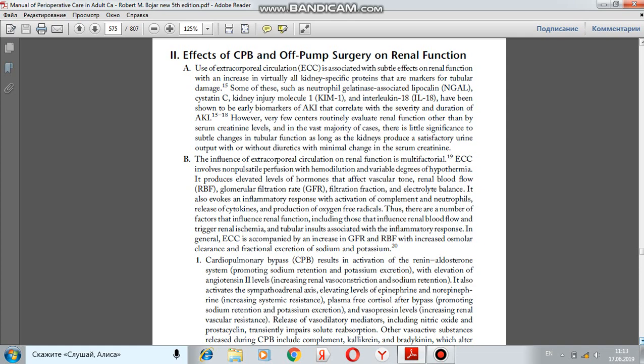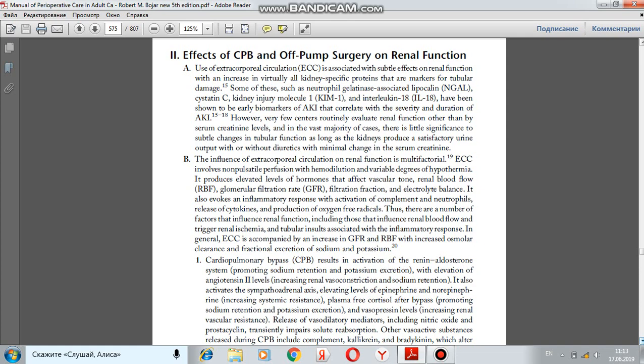The influence of extracorporeal circulation on renal function is multifactorial. Extracorporeal circulation involves non-pulsatile perfusion with hemodilution and variable degrees of hypothermia. It produces elevated levels of hormones that affect vascular tone, renal blood flow, glomerular filtration rate, filtration fraction, and electrolyte balance.